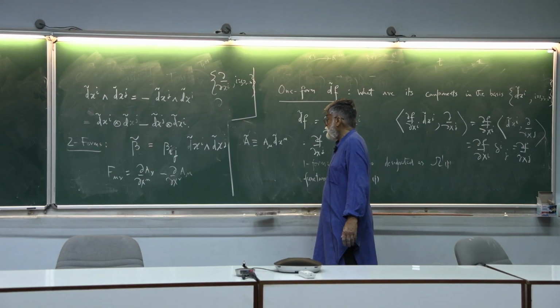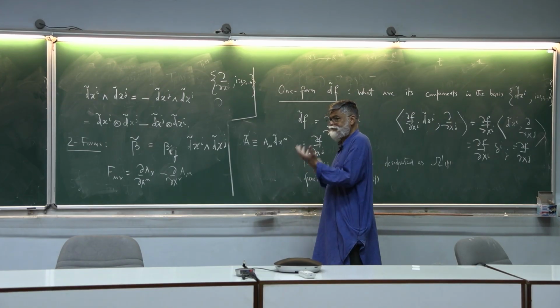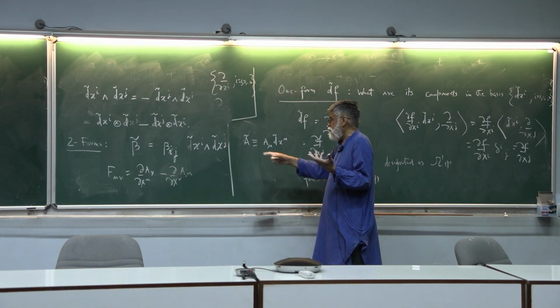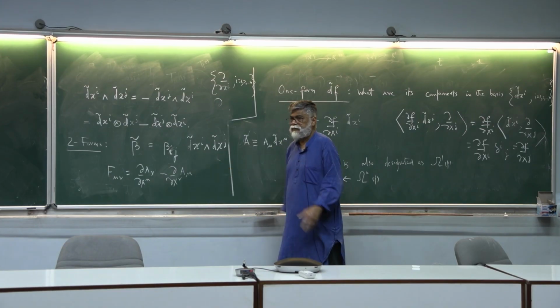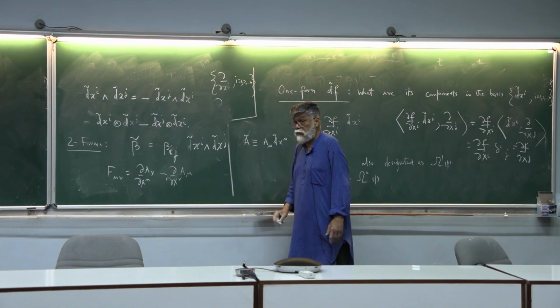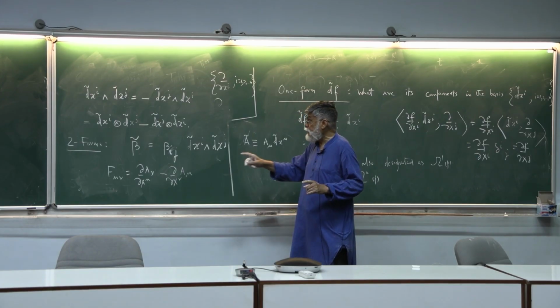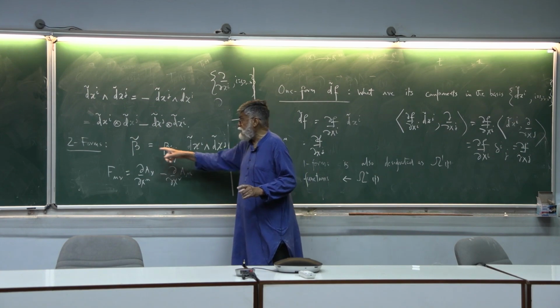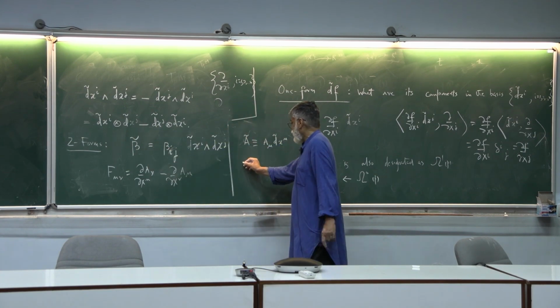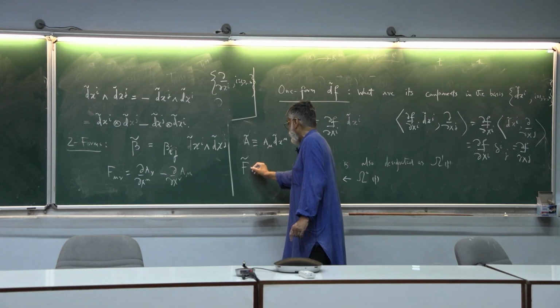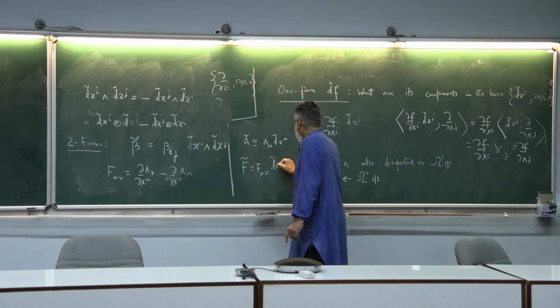Now, you ask, can I have something which will take me from this to this? F mu nu, remember F mu nu is a second rank tensor, and I have already told you for every second rank tensor there is a 2 form. So, you ask, suppose I write F tilde as F mu nu dx mu wedge dx nu.